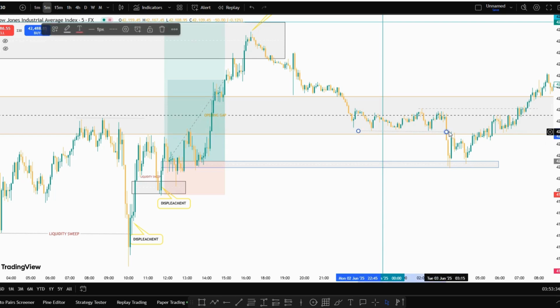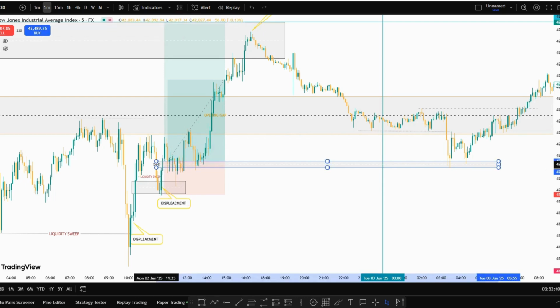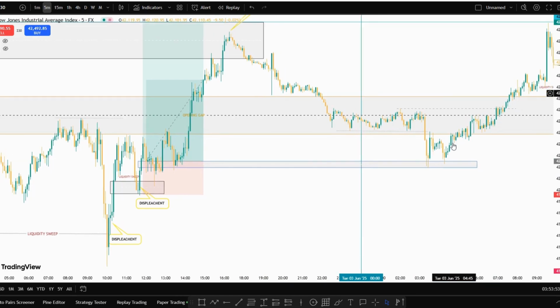As it swept that liquidity, it tapped back into our previous zone that we're looking at, right? So it tapped back at this level and then it started moving back up, going back into the opening gap. It shifted structure at this level, right? There was not much confirmation here if you look at price, except for this fair value gap that showed displacement away, moving to the upside.